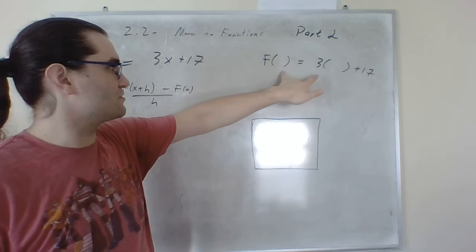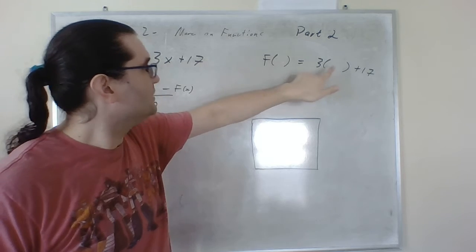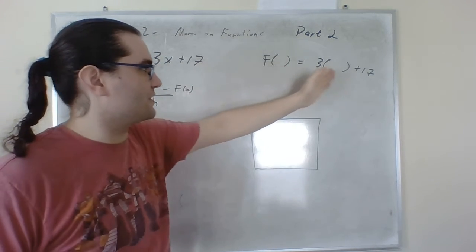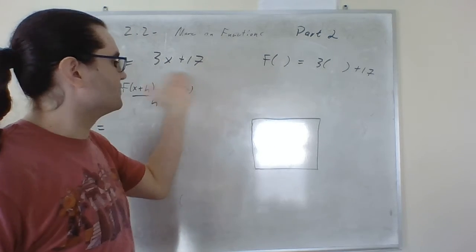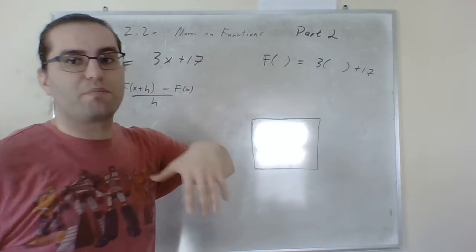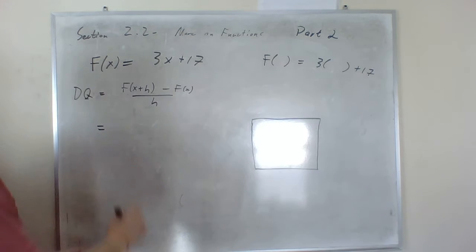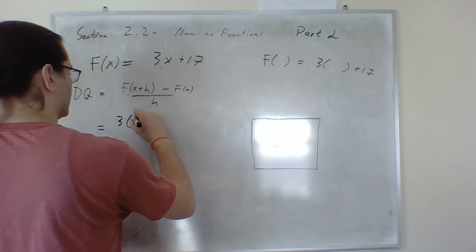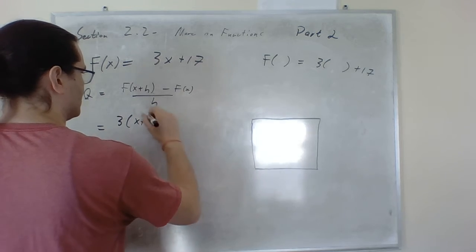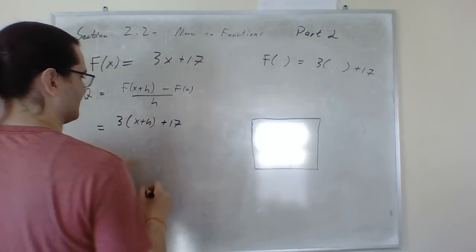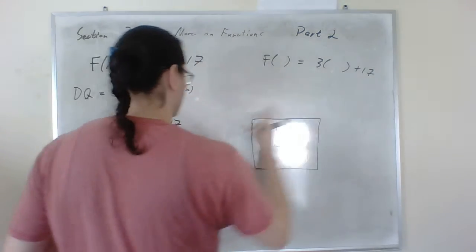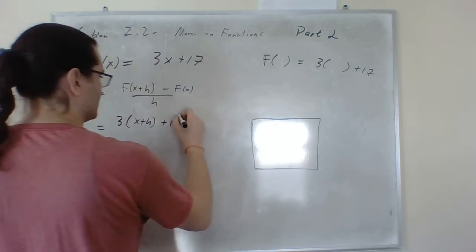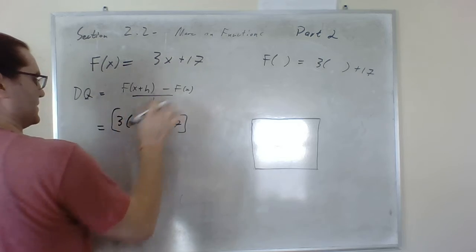To evaluate a function at something weird, just write it with an empty set of parentheses for each time x appears in the function, and then put stuff into those parentheses. So this piece is going to be 3 times x plus h plus 17. That's me writing this function with x plus h in the parentheses instead of an x. That's this bit.